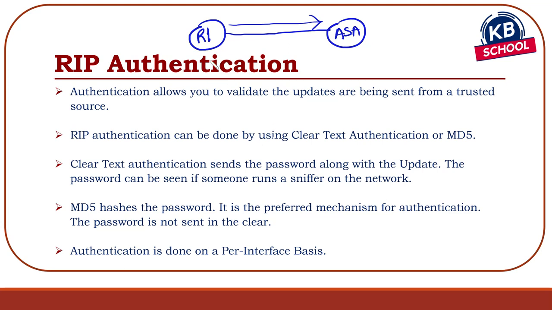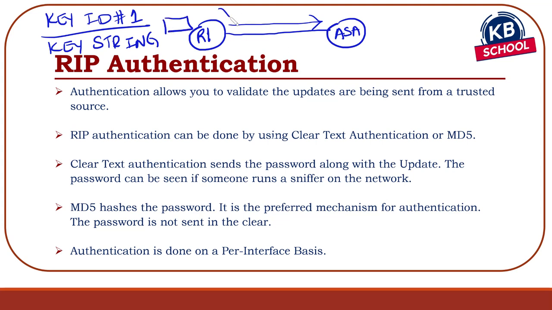I can authenticate it. The authentication requires a key ID, a number, let's say 1, and a key string. The key ID and the key string need to match. Key string is like a password. They need to match between the two devices. If they match, then and only then do I trust the update coming from my neighbor.